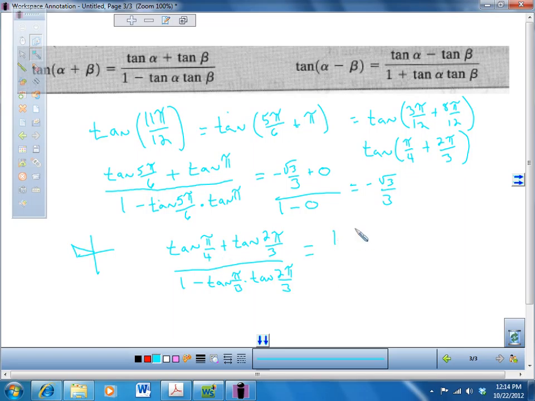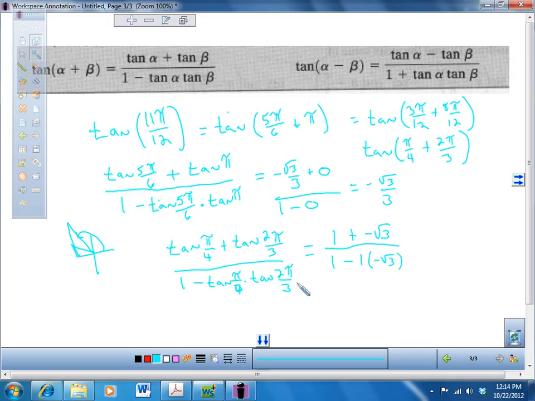So the tangent of pi over 4, who knows that? 1. Okay? Plus, tangent of 2 pi over 3 is the same as the tangent of 120 degrees. So that's where it is negative root of 3. Over 1 minus tangent of pi over 4, which is 1, times negative root of 3 again.